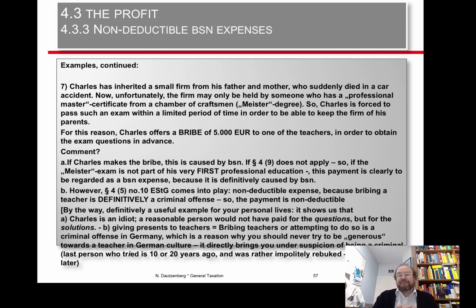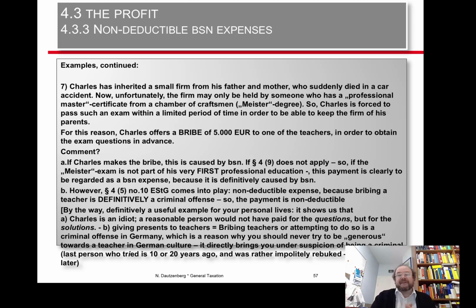The same, imagine somebody called Charles has a small firm from father and mother. He got it, surprisingly, because mother and father died in a car accident. And now this is a craftsmanship firm which is subjected to special legal restrictions.